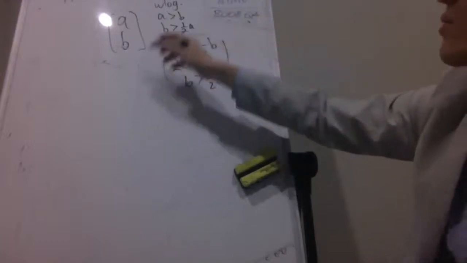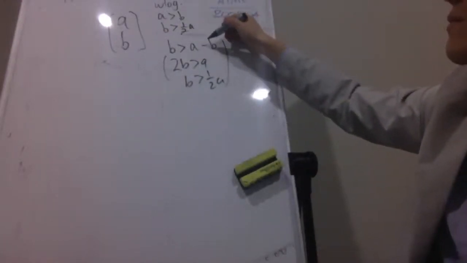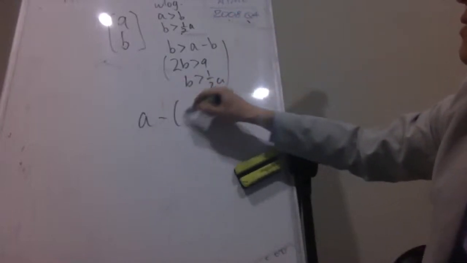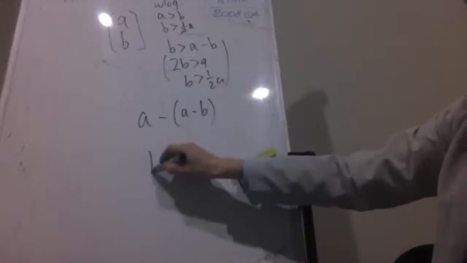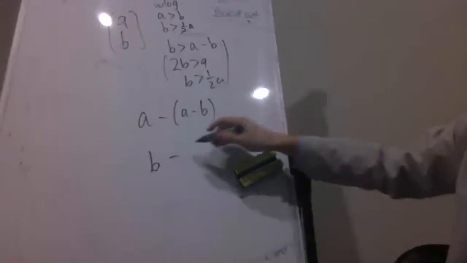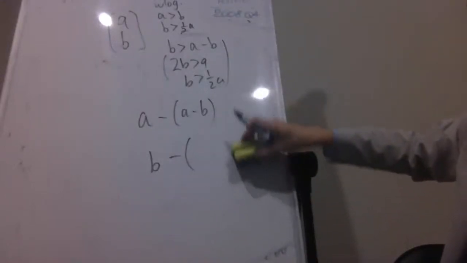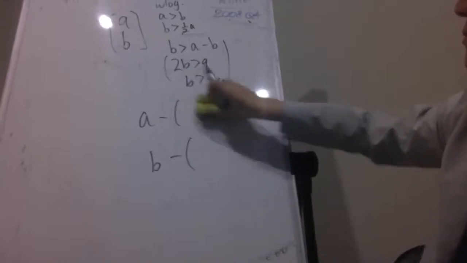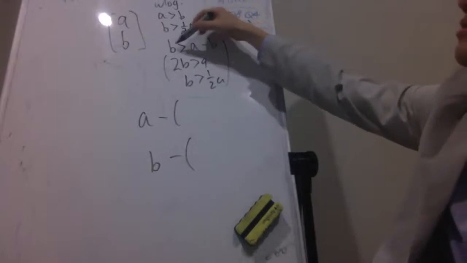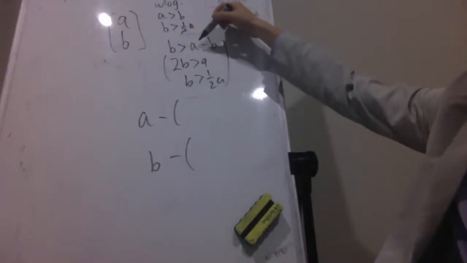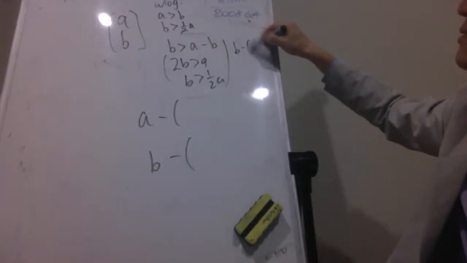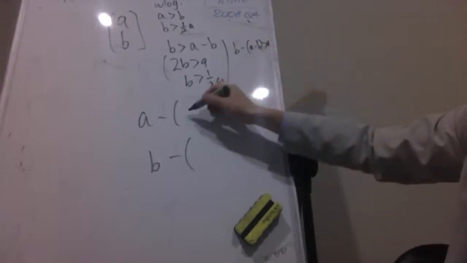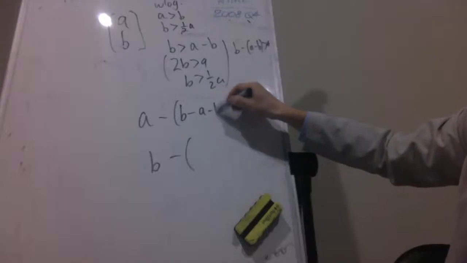So A minus B is positive. Because B is bigger than that, you can actually subtract B minus that. B minus (A minus B) is a positive number, so you can actually subtract B minus (A minus B).